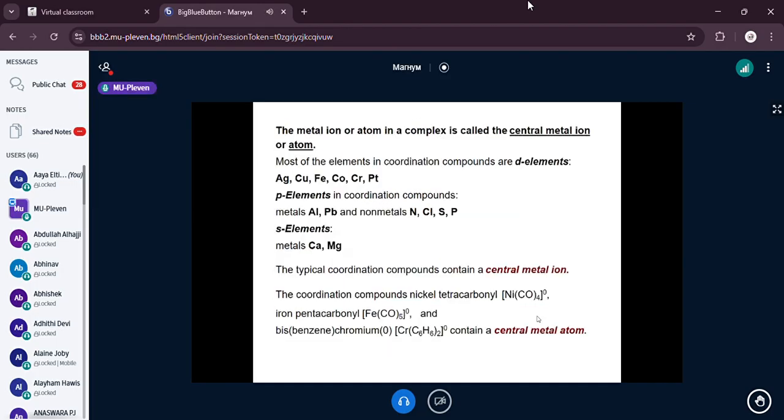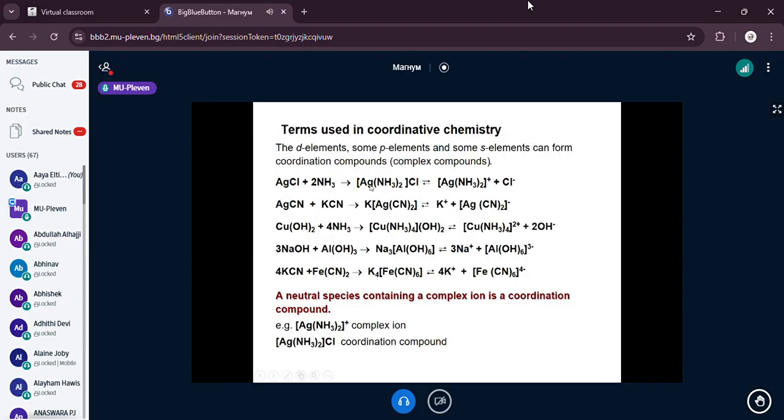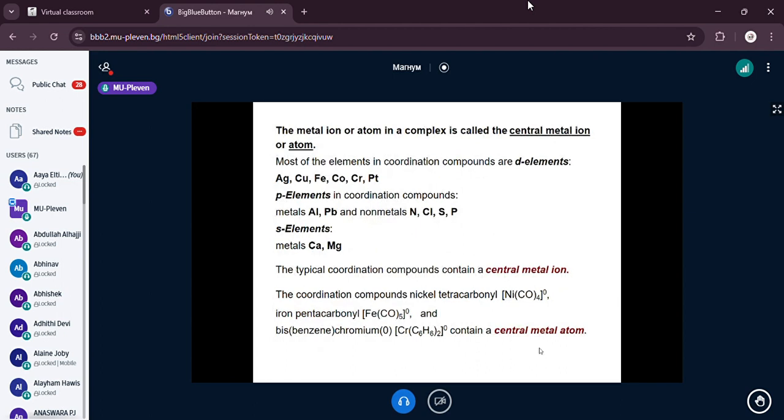Let us introduce some terms typical for these compounds. Central metal ion or central metal atom. In each coordination compound, there is a central metal ion in all these examples. Sometimes such a complex can contain a central metal atom, not an ion.